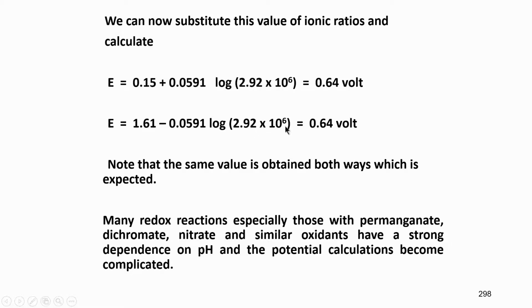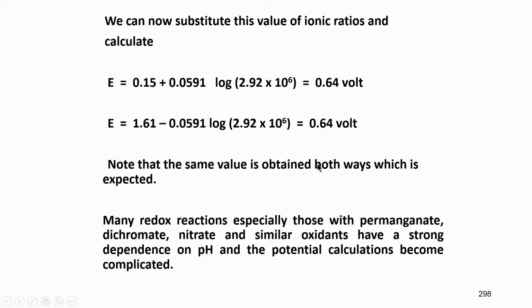That also would give you the value of 0.64. This is a thumping corroboration of the theory we have been talking about. So, either way, whether it is stannic-stannous or ceric-cerous, we get the same potential. That is what we want anyway, that is what we expect.